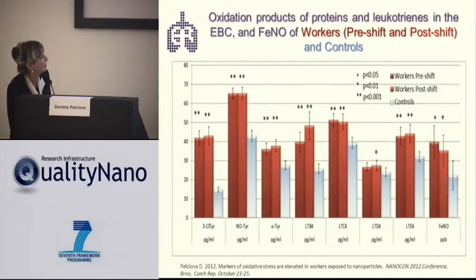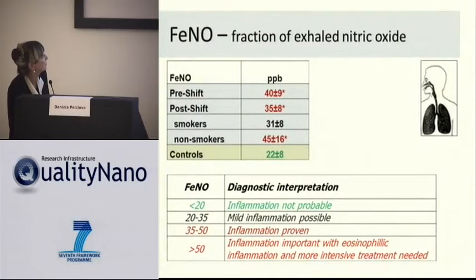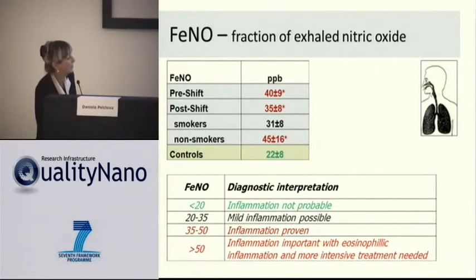And the last columns are phenol, exhaled nitric oxide, that I will comment on now. They were also elevated in the workers. Here are the numbers, pre-shift and post-shift. These were not significantly different, but they were higher than the controls.